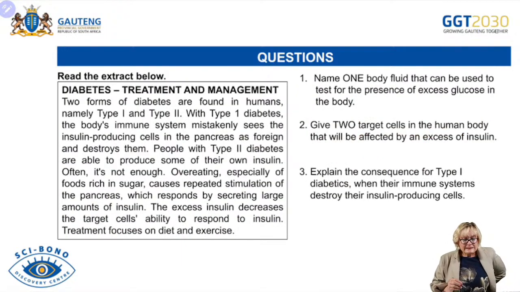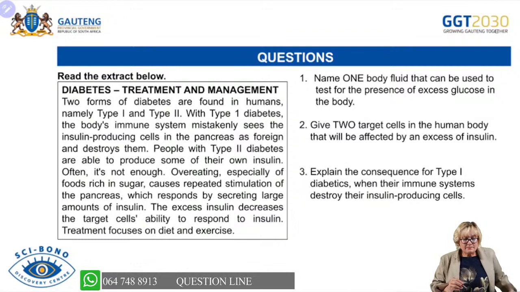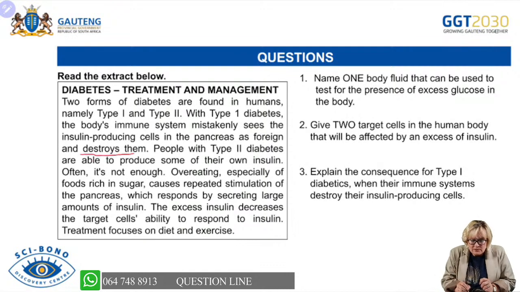Let's quickly read this extract. Diabetes, treatment and management. Two forms of diabetes are found in humans, namely type 1 and type 2. With type 1 diabetes, the body's immune system mistakenly sees the insulin-producing cells in the pancreas as foreign and destroys them. Okay, so there are no insulin-secreting cells.